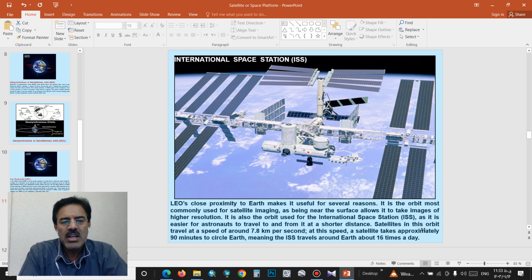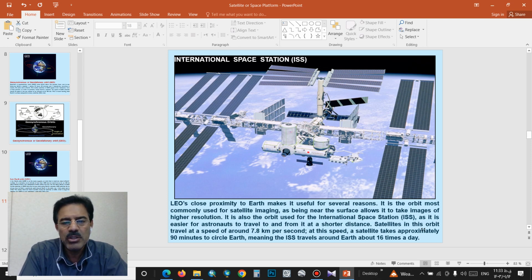LEO's close proximity to Earth makes it useful for several reasons. It is the orbit most commonly used for satellite imaging, as being near the surface allows it to take images of higher resolution.